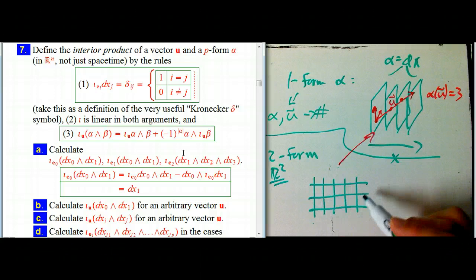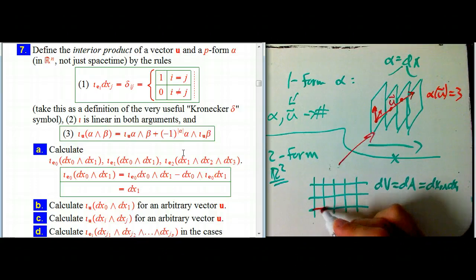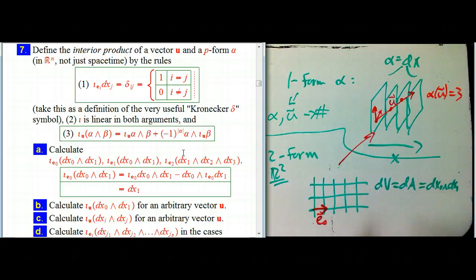So here's dx0 wedge dx1. It's just a grid, the quote volume form, or dA in R2. And I take that and interior product it with this vector e0.